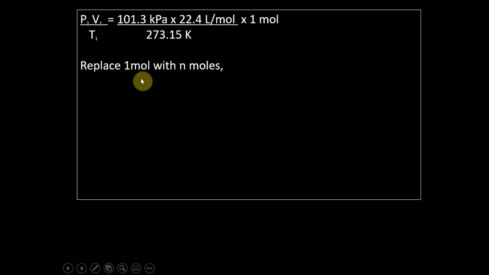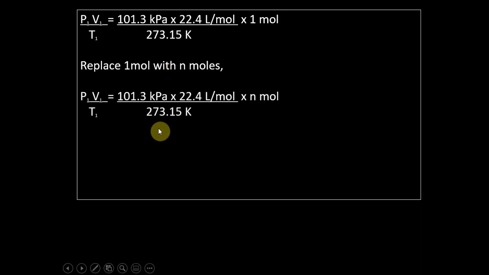So if we replace the 1 mole with any number of moles, say n moles, then we end up with this formula. And really, this is exactly it, just a formula. Now, this part here with the numbers, because these are always STP conditions, and because it's a per mole volume, we can essentially get a constant value out of that.